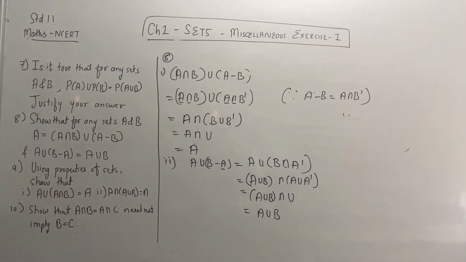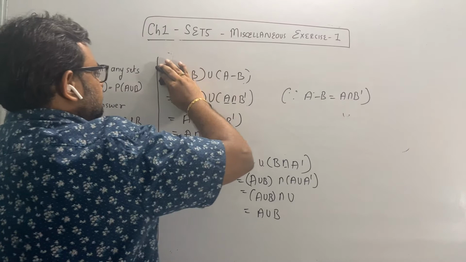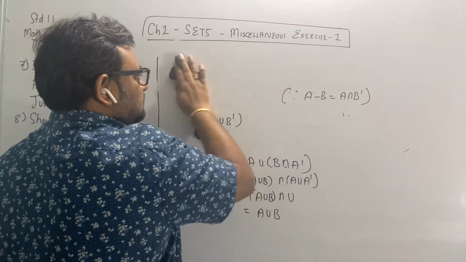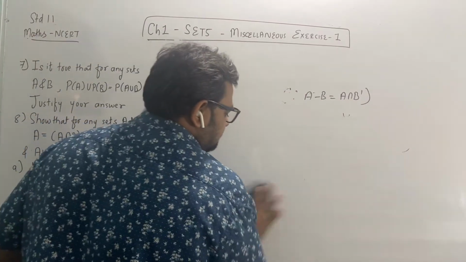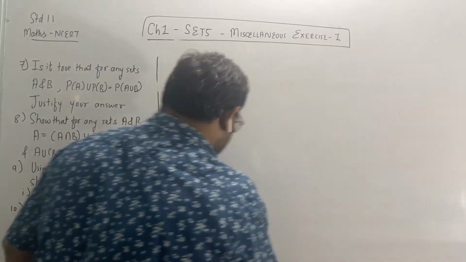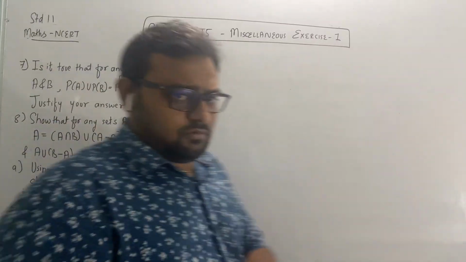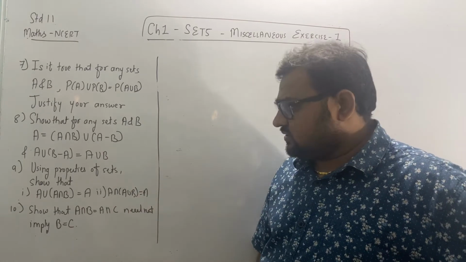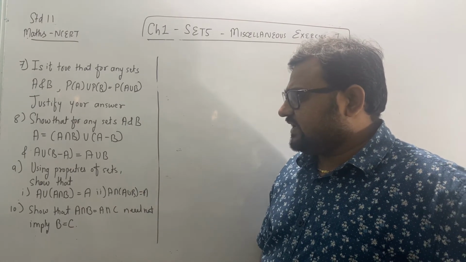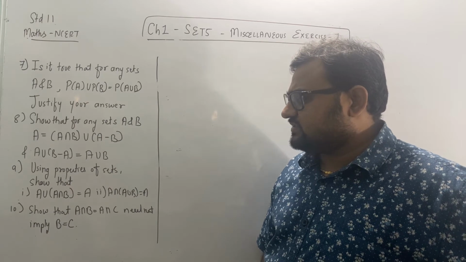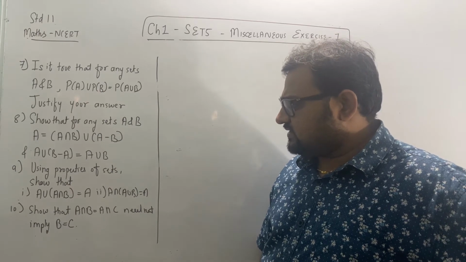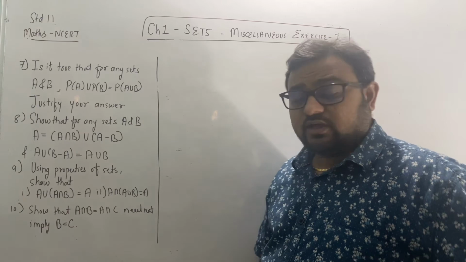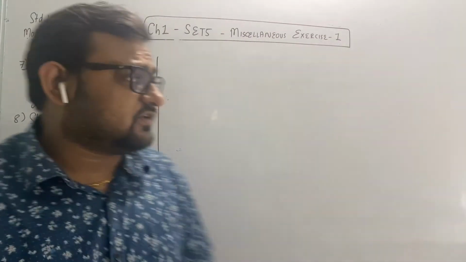So note down question number 8. Now let's move to the next, question number 9. Question number 9 also has two questions. Using properties of sets, show that A union A intersection B equals A and A intersection A union B equals A. Here also we will use the law of distribution.